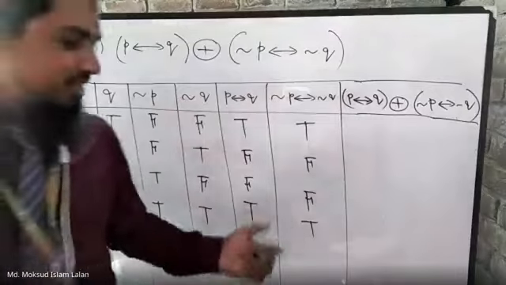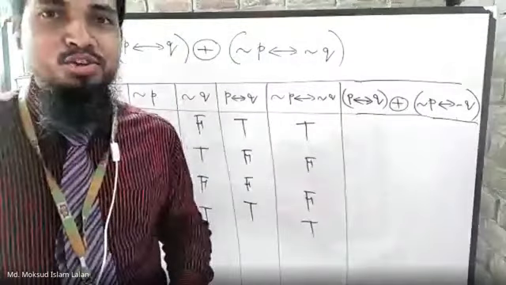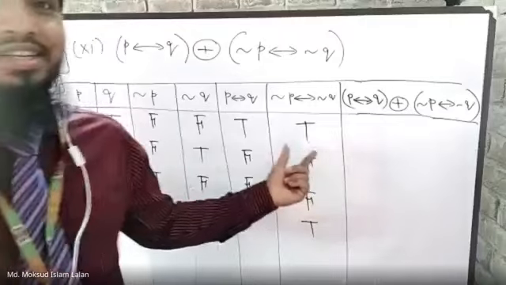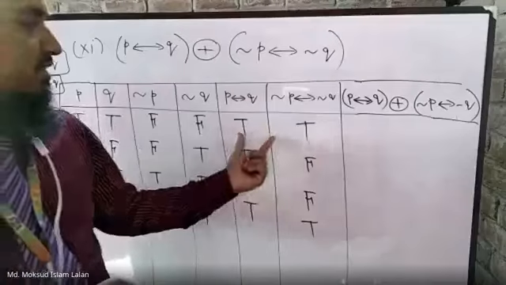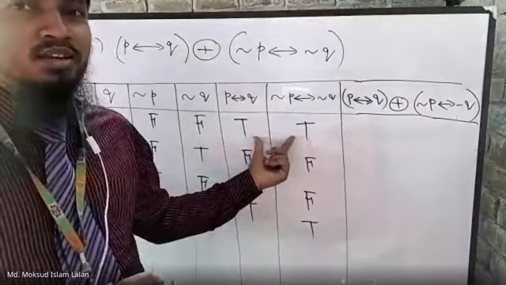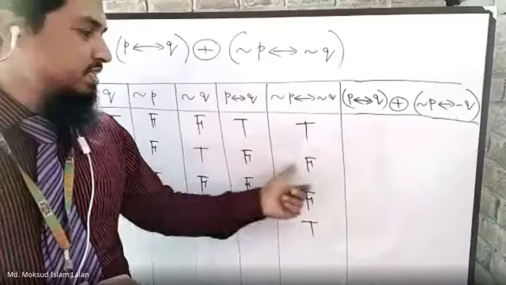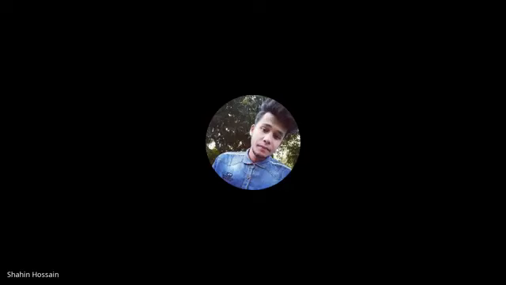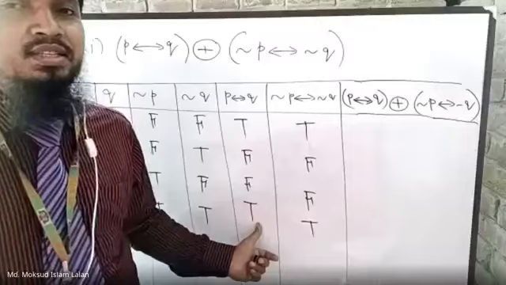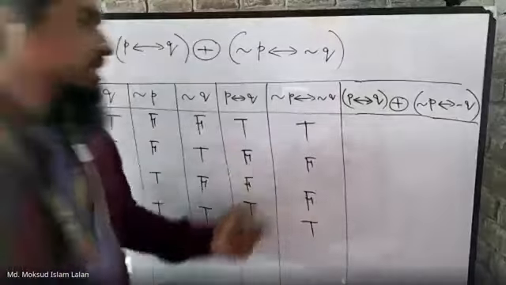Lubna, can you hear me? So which one is right? Is there exactly one? Lubna? No, sir. Both have the same truth values, so not exactly. Right, Lubna? Sanjida? Yes, sir. Would you please check?